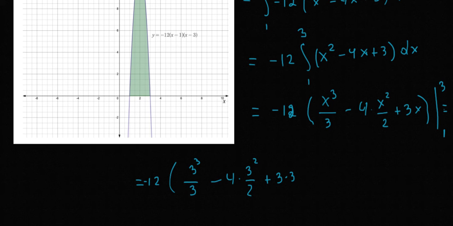And then from that, we have to subtract the value of the antiderivative at x equals 1: 1 cubed over 3 minus 4 times 1 squared over 2, so 1/2, and then plus 3 times 1. It is important to make sure that you distribute the negative sign to all the terms in parentheses that the negative sign applies to.